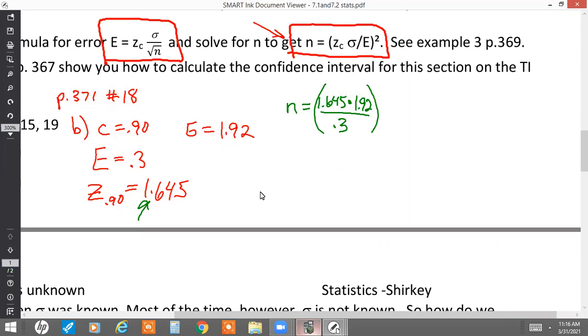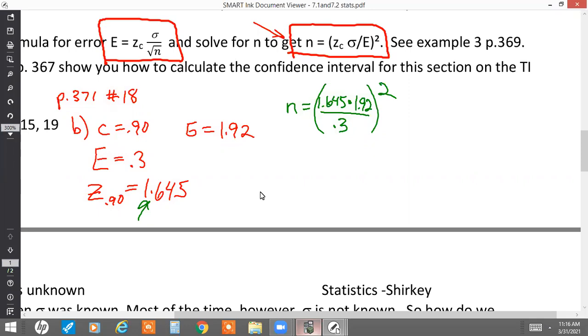I'm just going to do that off the screen on a handheld calculator here. Squared, right? 1.645 times 1.92 divided by 0.3 in parentheses squared, and I get, what do I get?